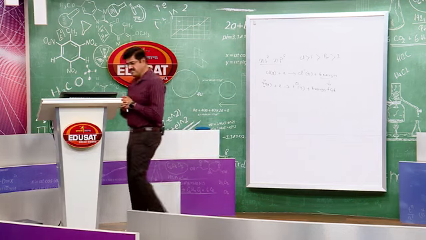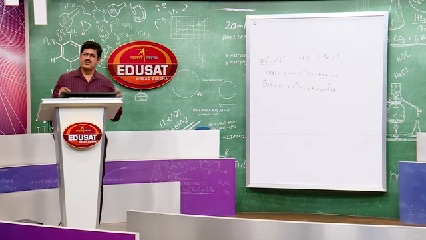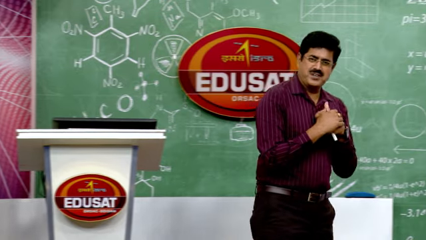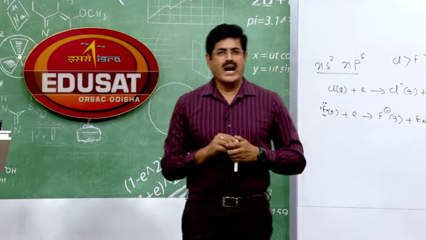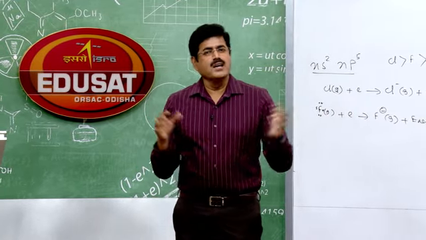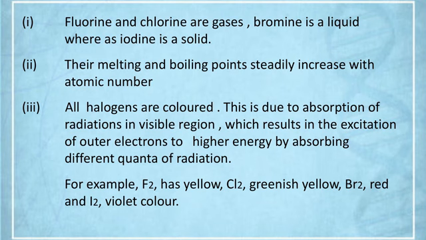Next physical property, the physical state. First two halogens, F2 and Cl2. Let me tell you here, halogens are diatomic. Diatomic, what does it mean? Atomicity 2. That means in one molecule of halogen, two atoms are present.